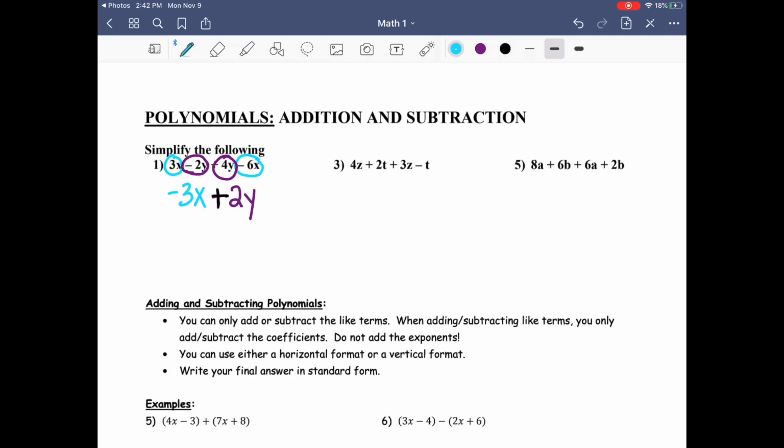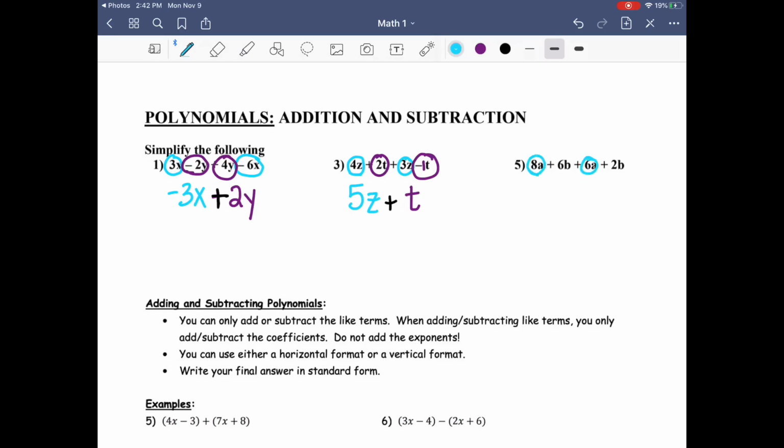So second problem that we have up here. So I have 4z and 3z. So that's going to turn into 5z. And then I have 2t minus t. Now that's a minus 1. So this is going to become plus 1t, or just plus t, because 2t minus 1t is going to be t.